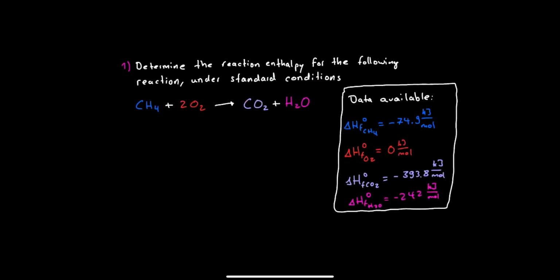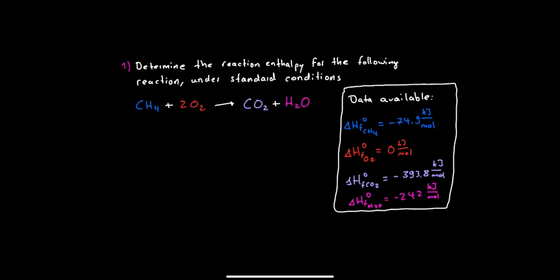In this task, we are asked to determine the reaction enthalpy for the following reaction under standard conditions, where we have methane plus 2 oxygens reacting to carbon dioxide and water. The task also gives us the formation enthalpy data of each of the substances.